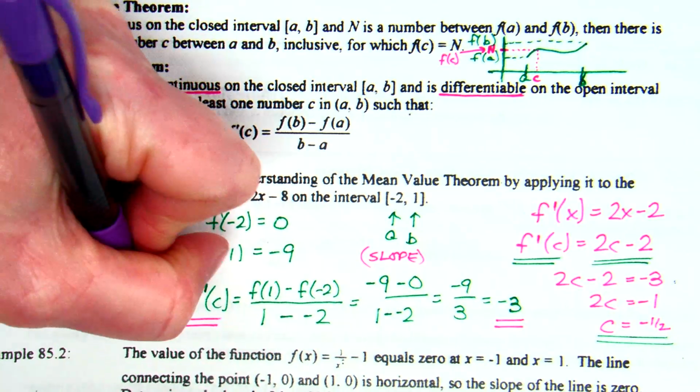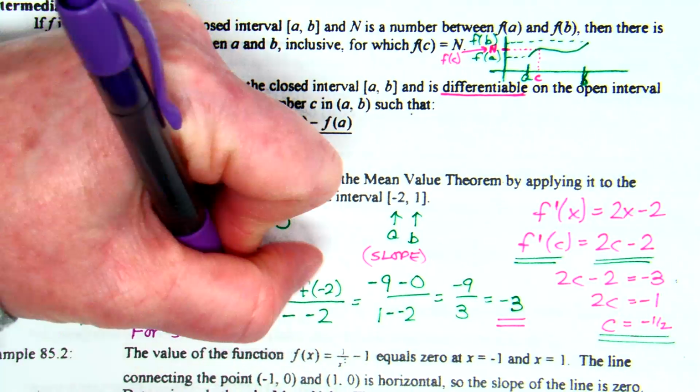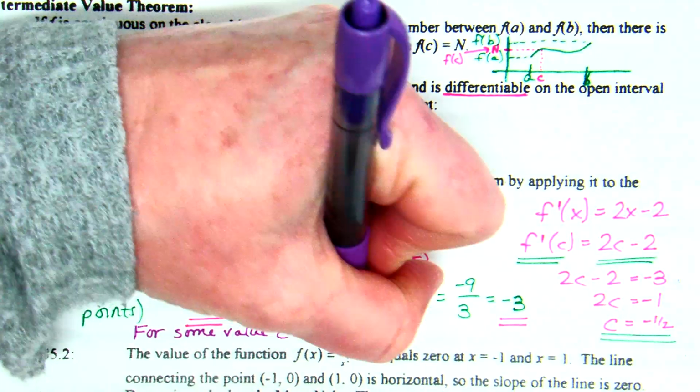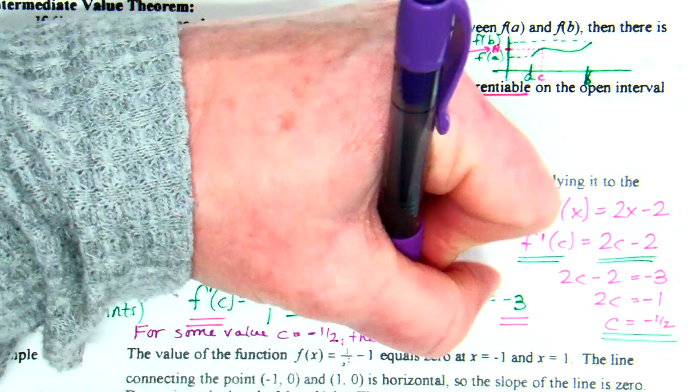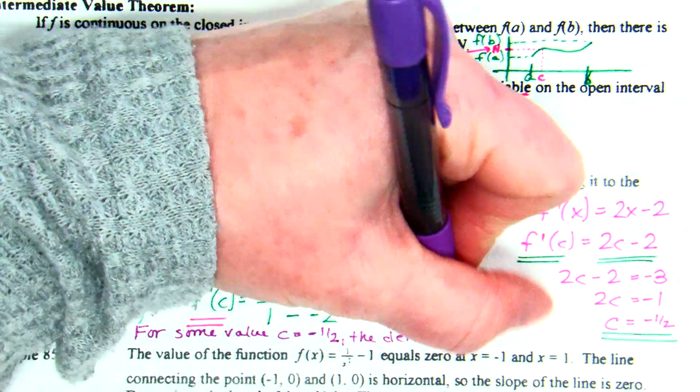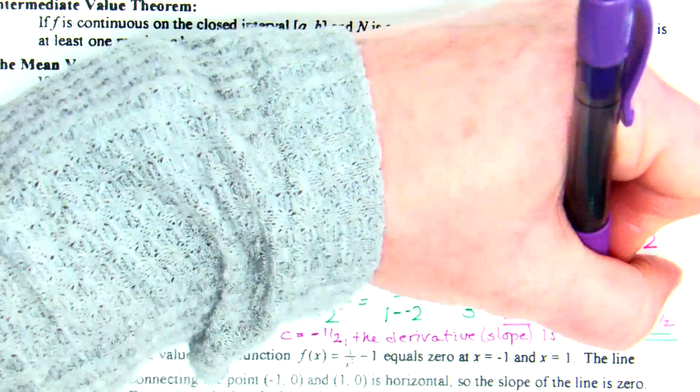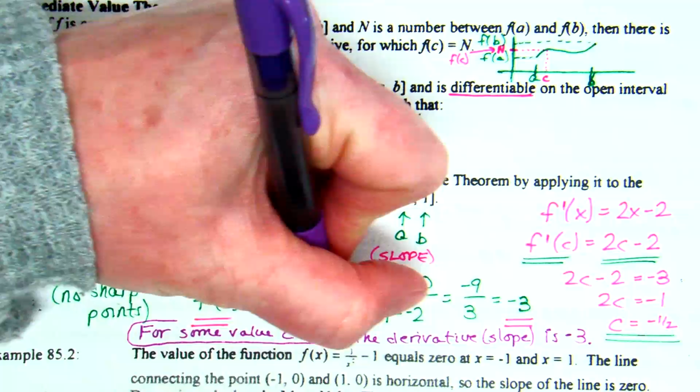For some value C, which in this case equaled -1/2, the derivative, or if you prefer the word slope, I'll put that in parentheses, is -3. And this is according to the mean value theorem.